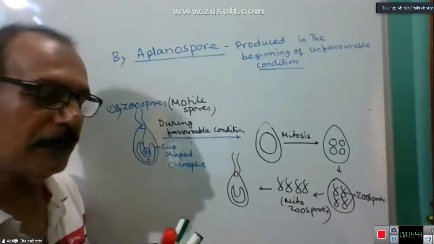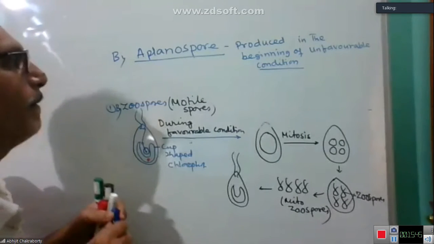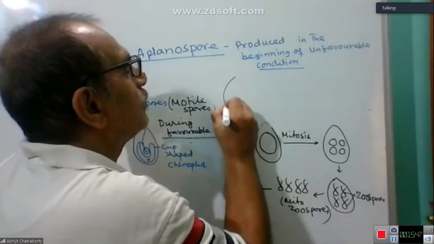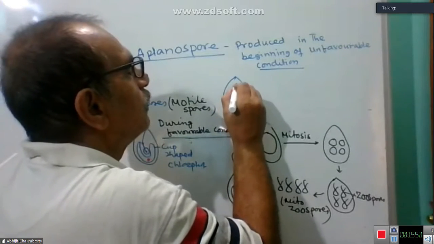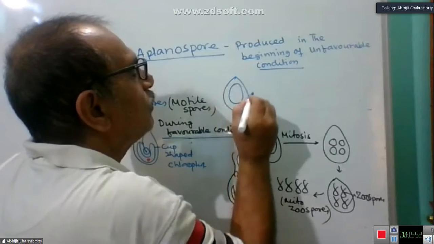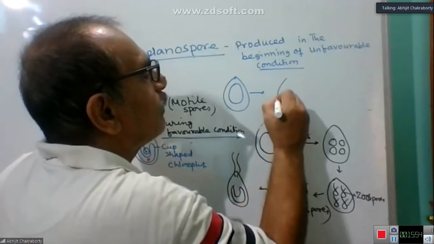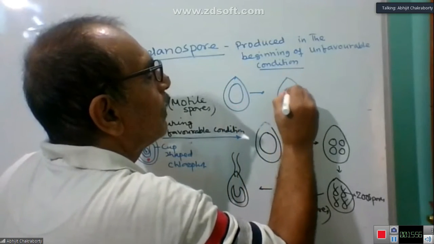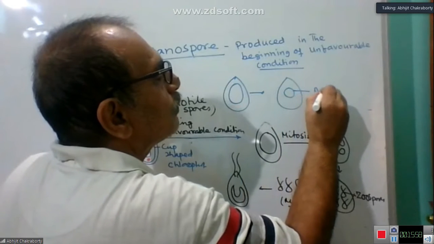When harvest started, then what happens? The protoplasm becomes round and gradually it takes the shape of a spore. You can call it an aplanospore.